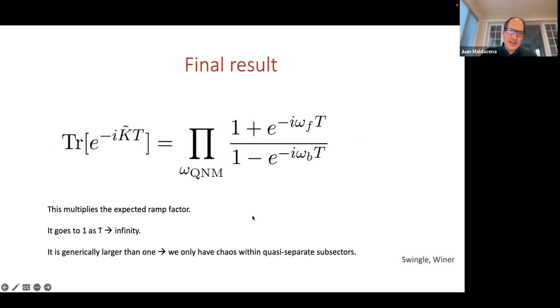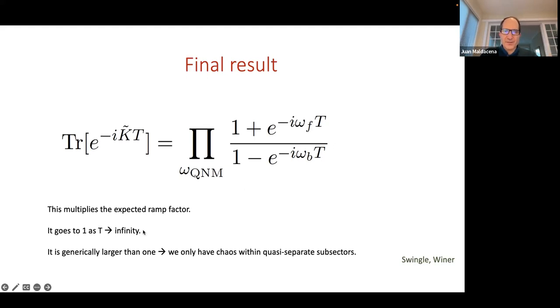So the final result is that this part of the trace of K tilde is the product of all the quasi-normal modes, and each quasi-normal mode gives some factor that looks a bit like a bosonic harmonic oscillator or a fermionic harmonic oscillator in this expression. And this whole factor multiplies the expected ramp factor.